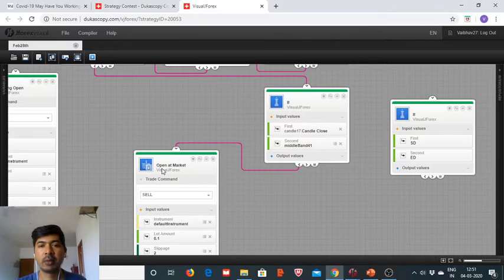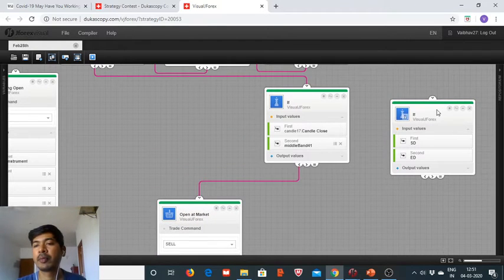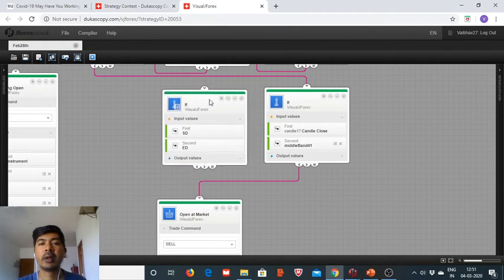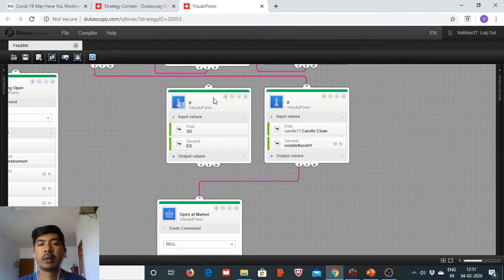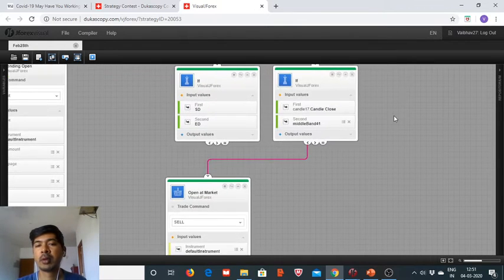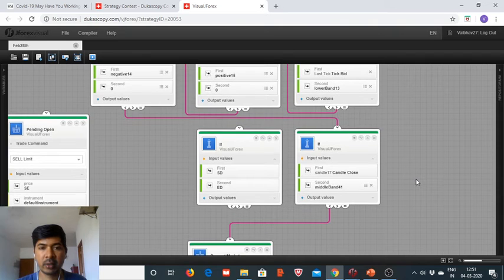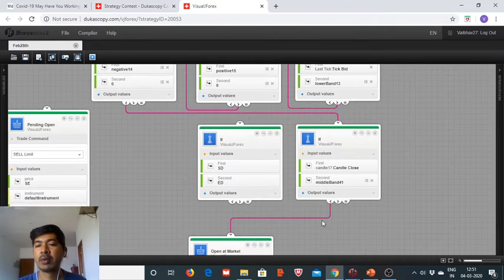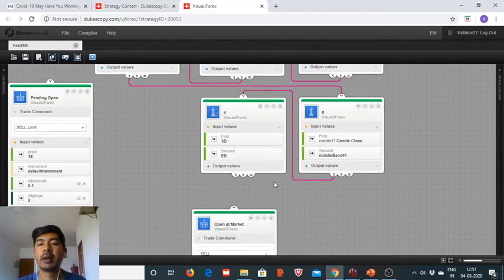Now we bring in this block, and here suppose if the SD is first we will make sure that it is lower. Okay, we will connect as it is. Candle close should be lower than the middle band.